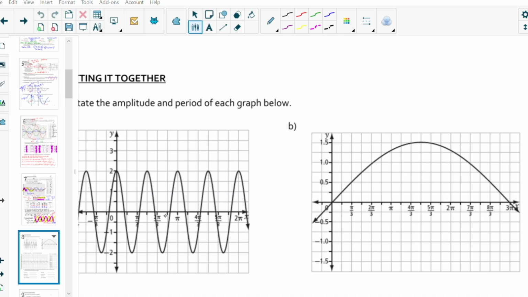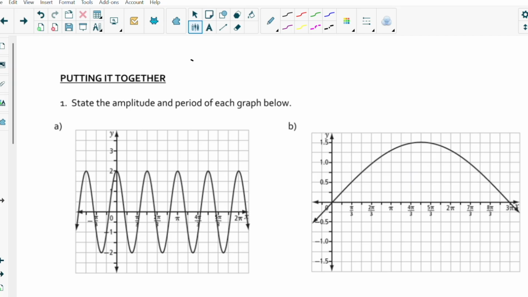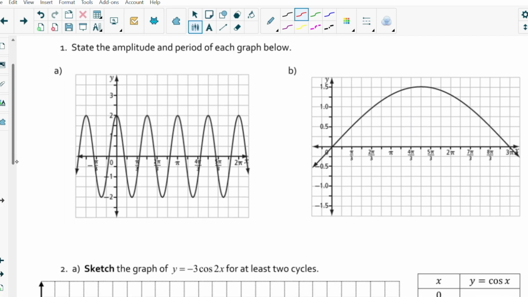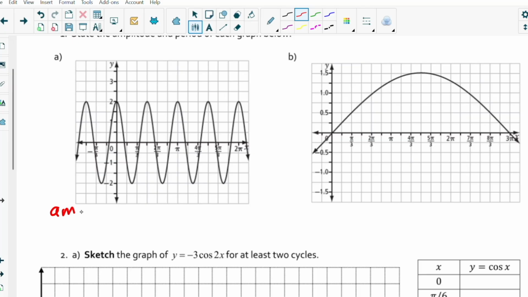All right, everyone, let's put it all together. Everything, integrated examples here. State the amplitude and period of each graph below. Okay, amplitude. That is simply the max minus the min divided by 2.